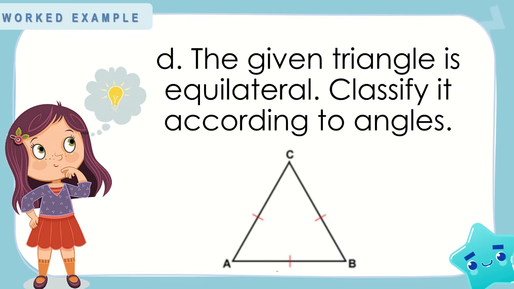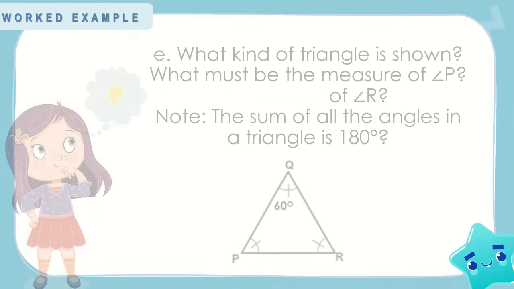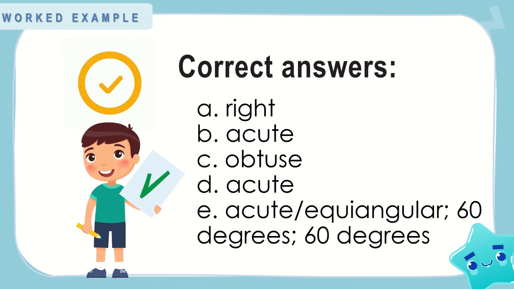Classify it according to angles. What kind of triangle is shown? What must be the measure of angle P, angle R? Note the sum of all the angles in a triangle is 180 degrees. Here are the correct answers.